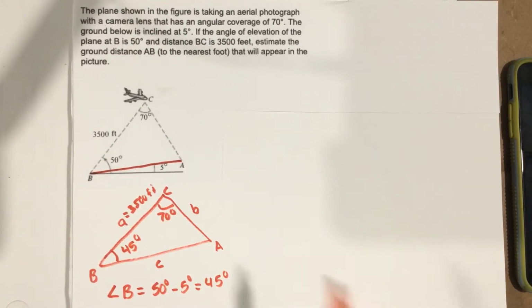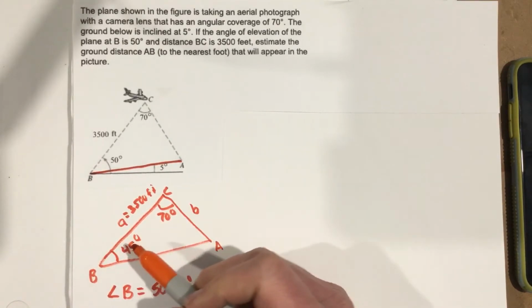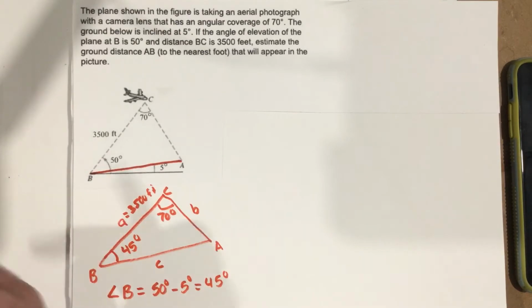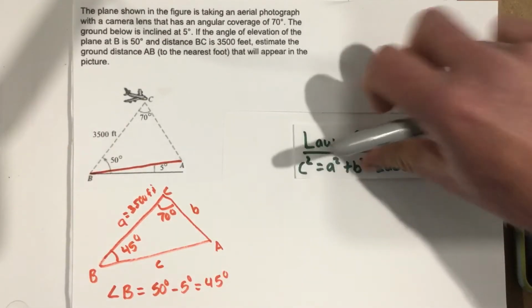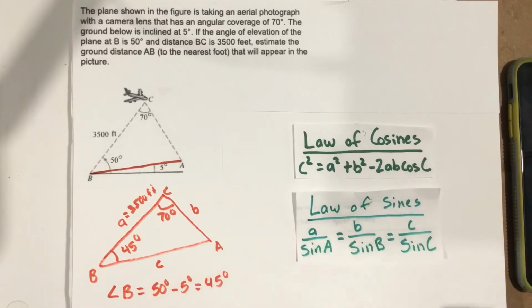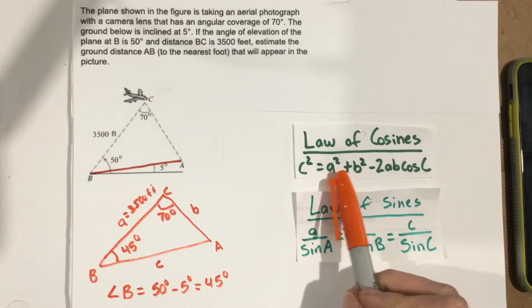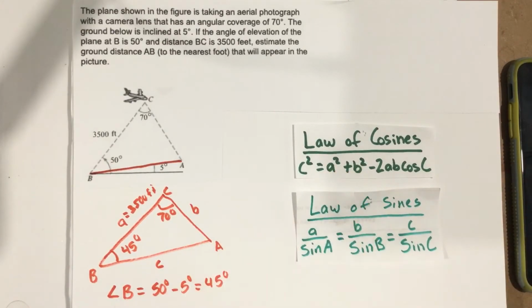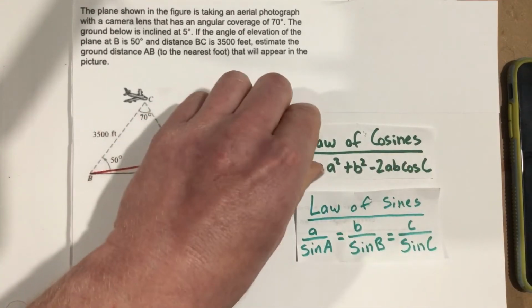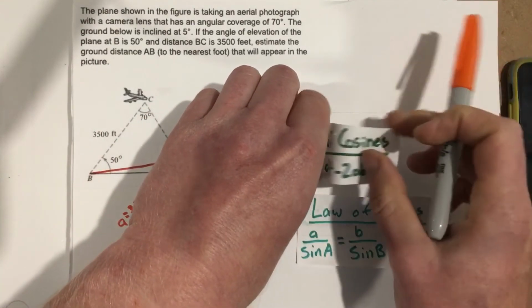Now once I have this angle, I need to use either the law of cosines or the law of sines to figure this out. If we look at them, we can easily see which one we probably want to use first. The law of cosines requires you to have at least 2 sides for this problem. We only have 1 side. So that kind of throws the law of cosines out the window.